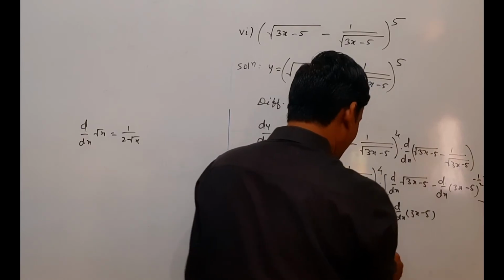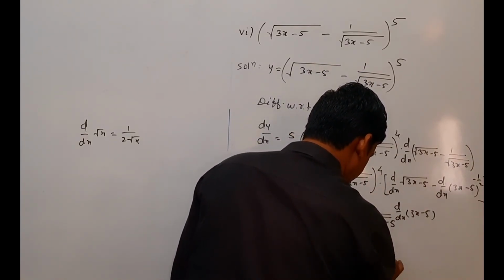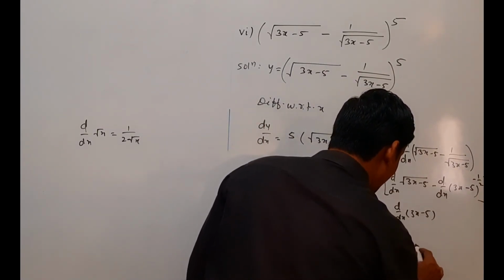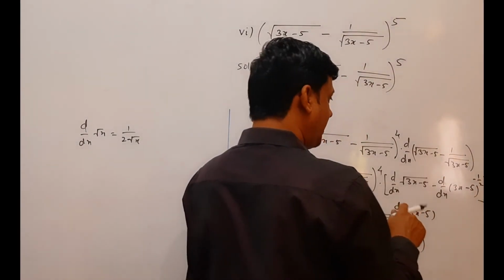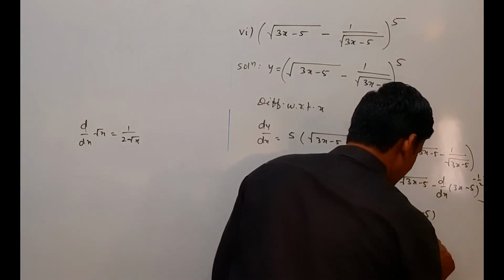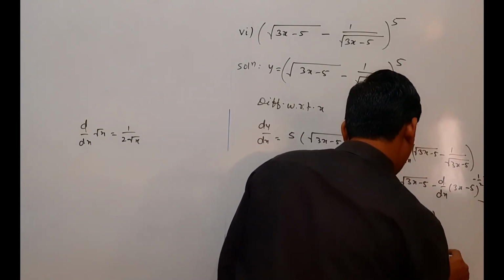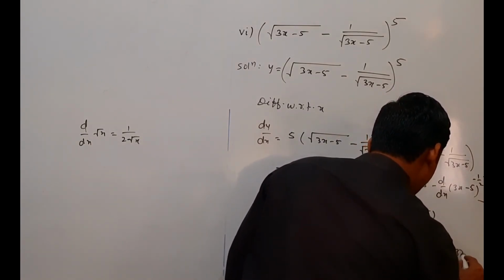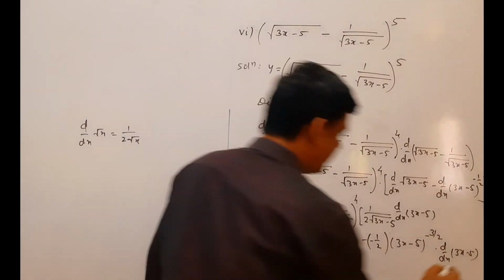So we get here minus minus plus 1 by 2, or you can write here one more step. So in bracket minus 1 by 2 3x minus 5 bracket raised to the power minus 1. So minus 1 by 2 minus 1. So we get here minus 3 by 2 into d by dx of this 3x minus 5. So you have to write here square bracket.